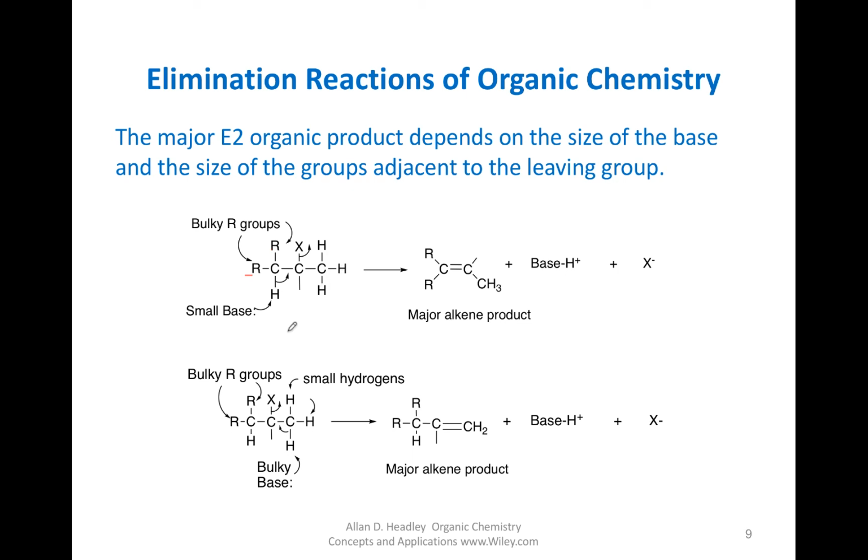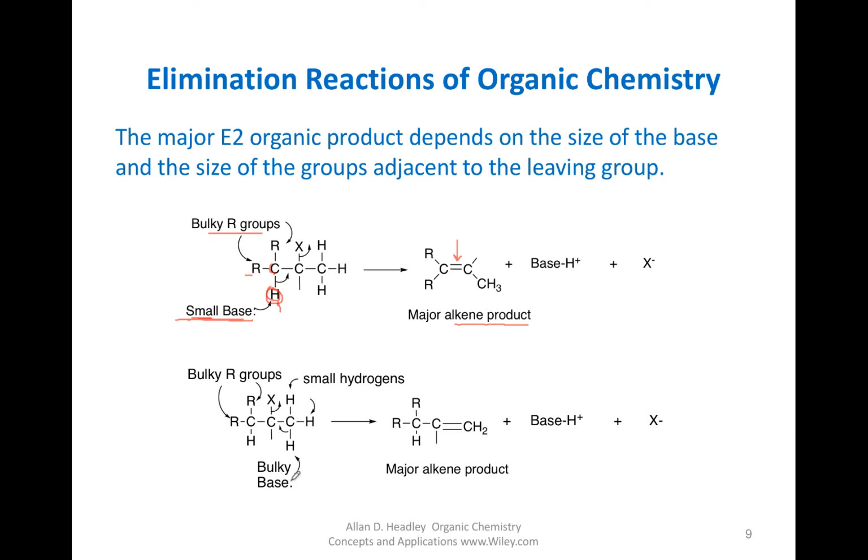Okay, so if we have a base that's pretty small, because this carbon here has the hydrogen, but it has very bulky groups bonded around this hydrogen, this base will abstract this hydrogen here to put the double bond here as a major product. Why is that the major product? Because that's the highly substituted product. So a small base will abstract the hydrogen from the carbon that's most crowded to give the most stable alkene, called the Zaitsev product.